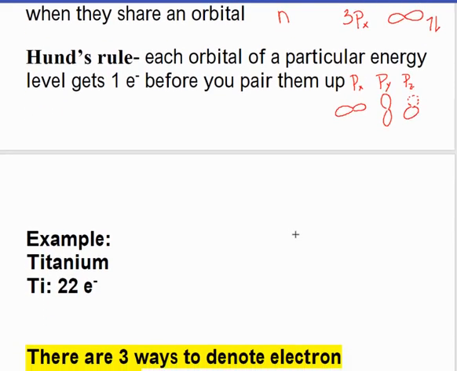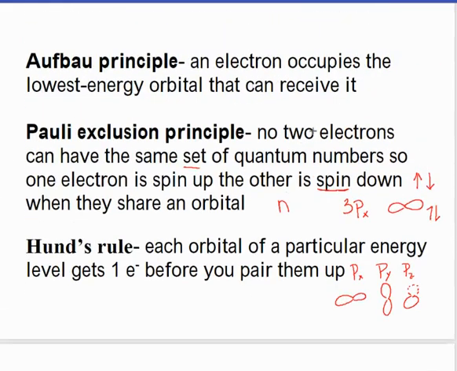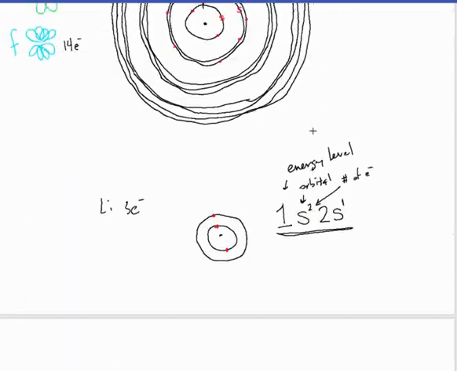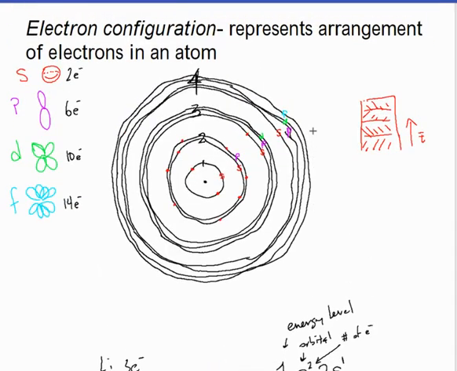Okay, let's do titanium because this is going to force us to take our training wheels off. Titanium has 22 electrons. That's the biggest one we've done so far. So if I go back up to my rings, I'm going to see I did sodium. So there's 10 electrons here. This is 11. I'm doing titanium now, so I'm going to add 22 electrons to my picture.